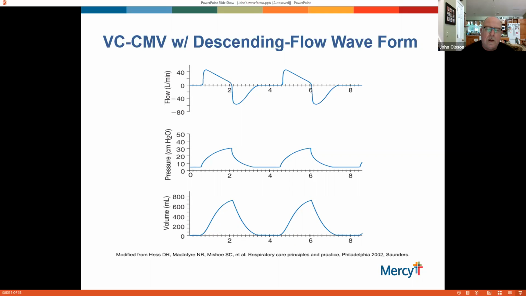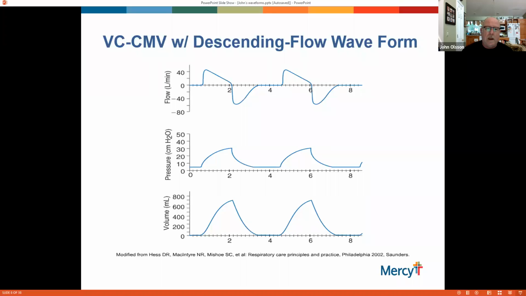Because again, this isn't the natural way people breathe. You and I, when we breathe, we take a breath in, our diaphragm drops, creating that negative pressure, and by creating that negative pressure, we open up a bunch of alveoli. Well, these are people that have a tube down their throat, and they're getting positive pressure.